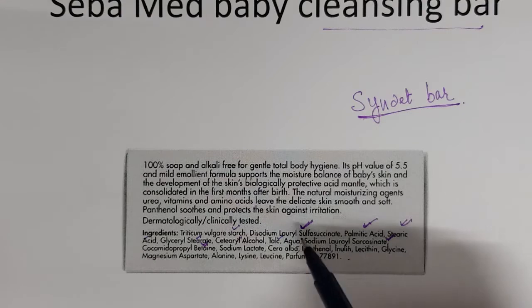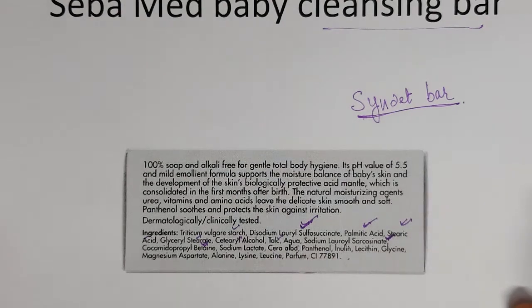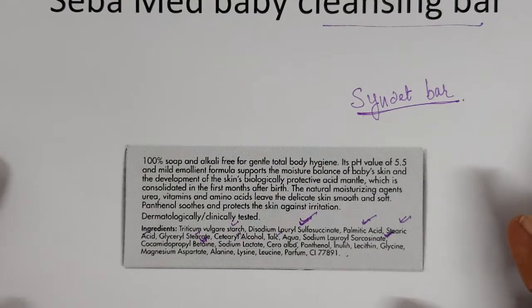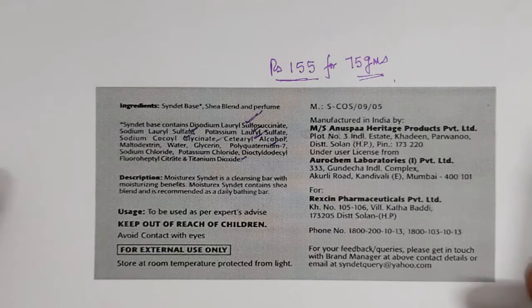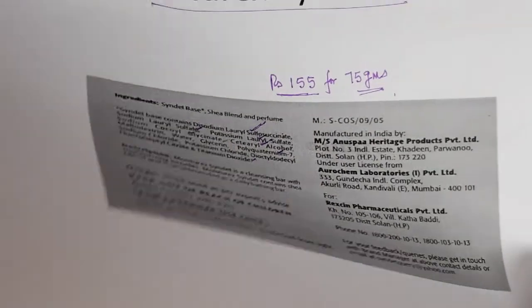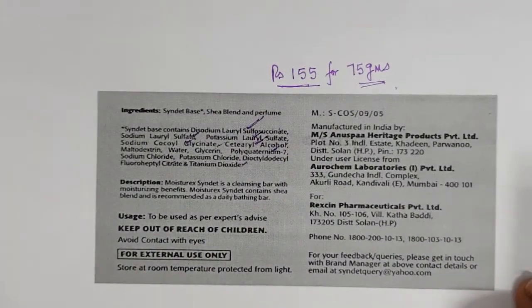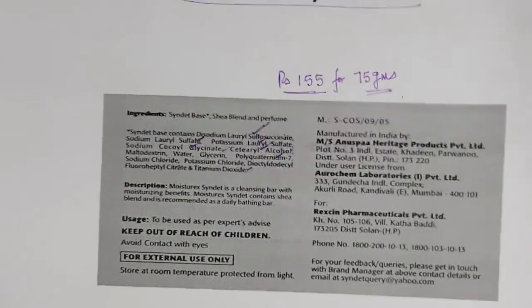So basically the surfactants are disodium lauryl sulfosuccinate, sodium lauryl sarcosinate and cocamidopropyl betaine. This is not a combo bar. These two syndet bars, which are not combo bars, I wish to introduce to you as a section of part 56, before going to part 57.